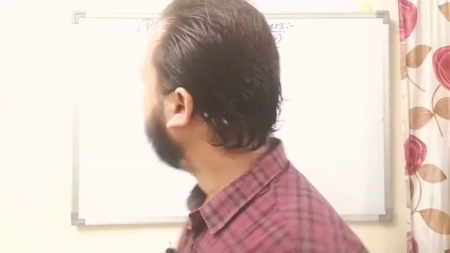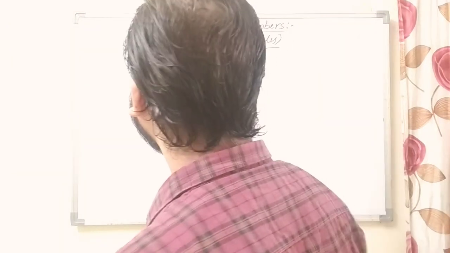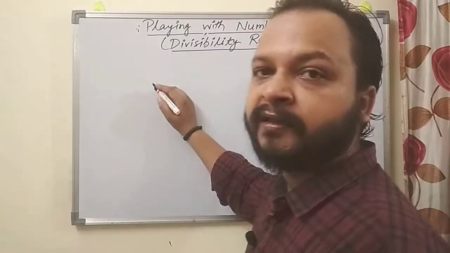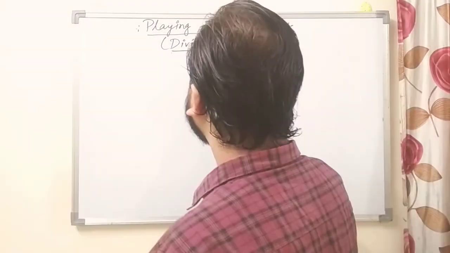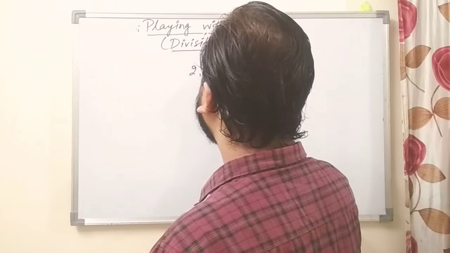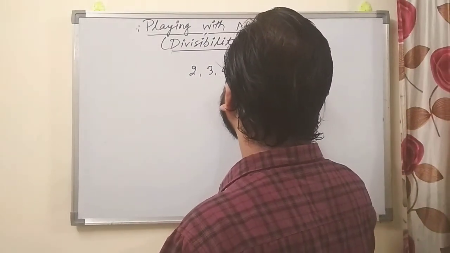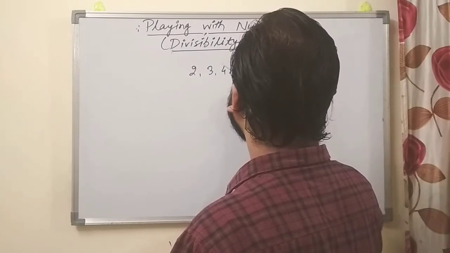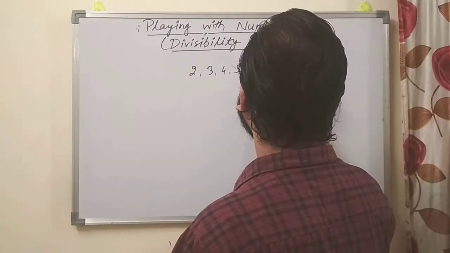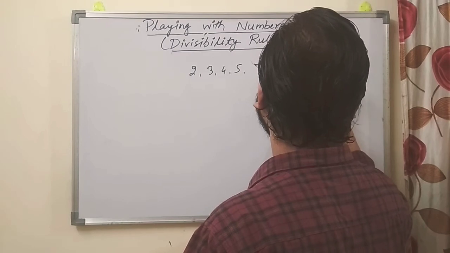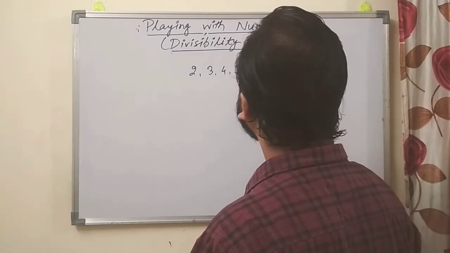In divisibility rules, we have to study the divisibility of 2, 3, 4, 5, 7, 8, 9, 10 and 11.